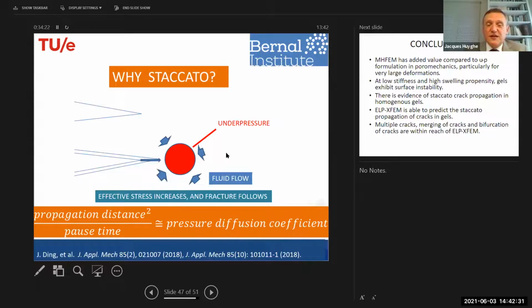This is necessarily the case because fluid and solid behave like an incompressible material. And the only way to respond for the material is to go into negative pressure. And because this happens very locally, the fluid flow is going to stream towards this from areas where it is not so.